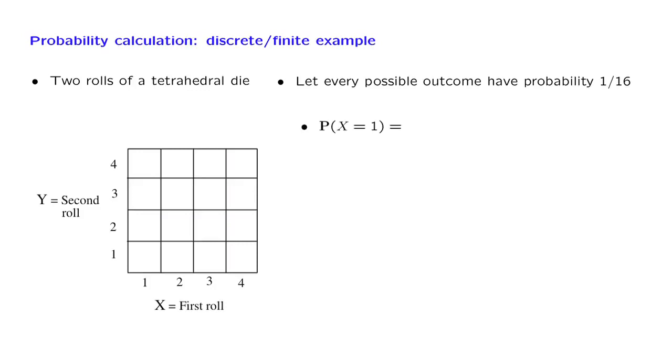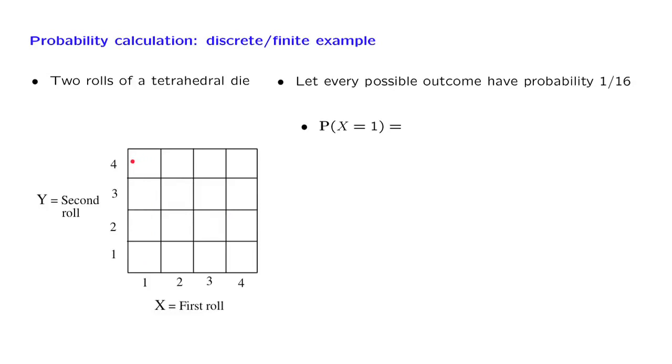Let us look first at the probability that x, which stands for the result of the first roll, is equal to 1. The way to calculate this probability is to identify what exactly that event is in our picture of the sample space and then calculate.